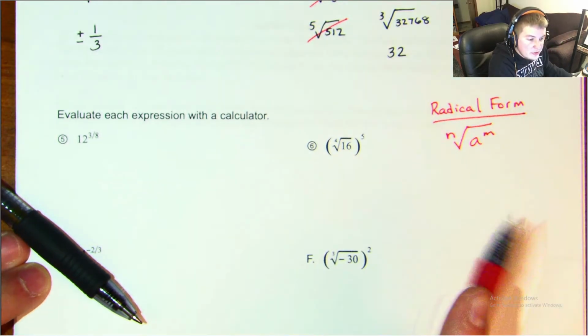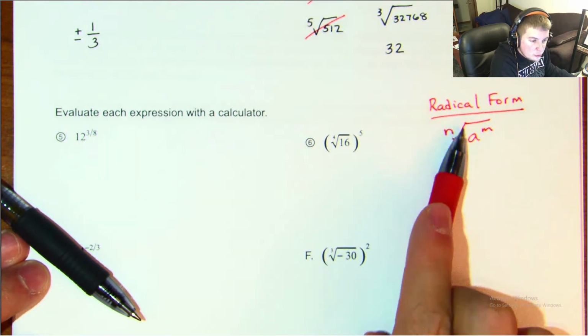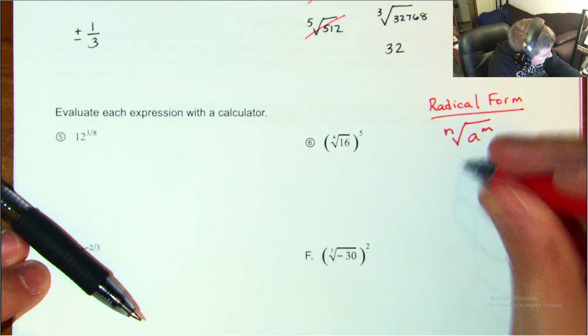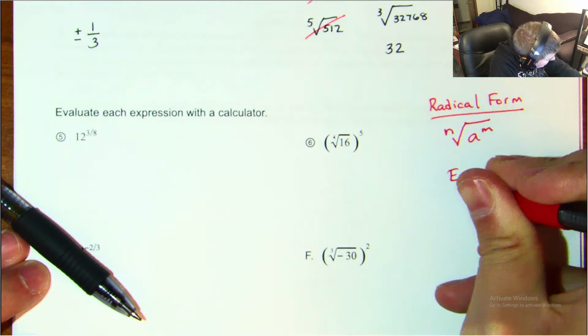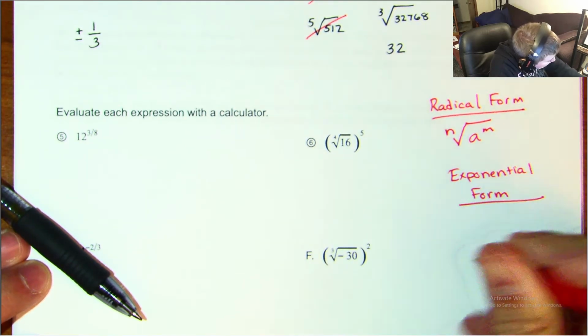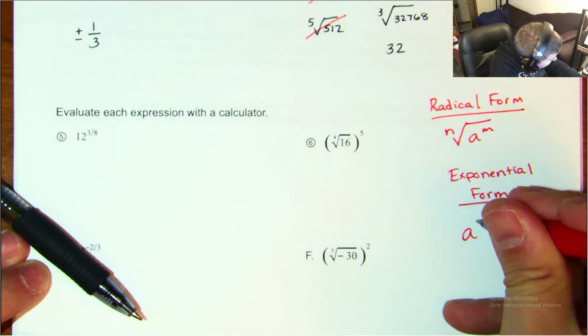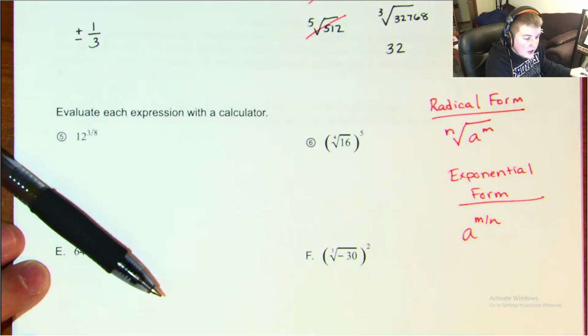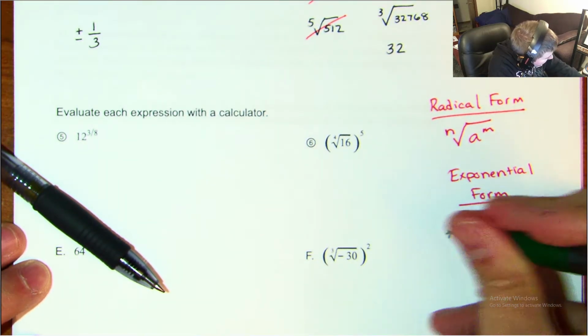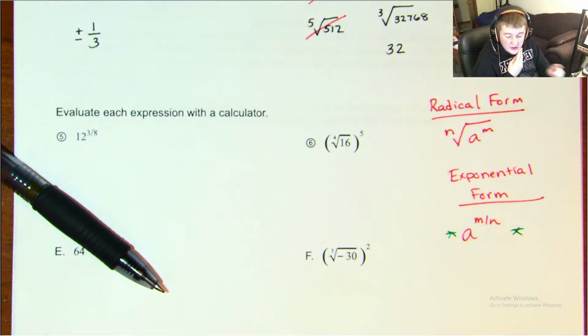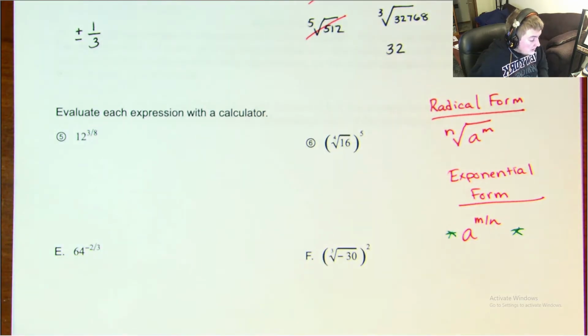Anything that has this root button or root symbol is radical form, as opposed to exponential form, which would be like a raised to the m divided by n power. This is the form we want to use when we're utilizing a calculator. It's just the easiest, if I'm going to level with you. So you need to take whatever work you have and put it in exponential form when you're using the calculator.